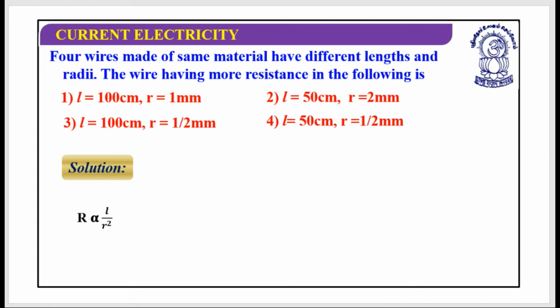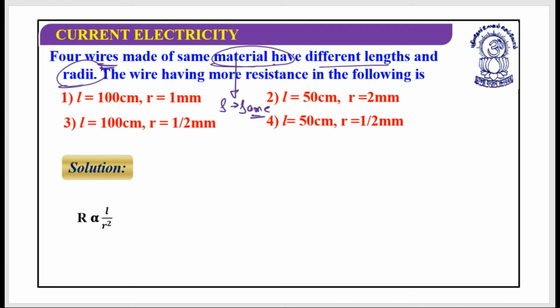Do it quickly. 4 wires are there and they are made up of the same material. What does it mean? When they say same material, that means their resistivity remains the same. They have different lengths and radius.